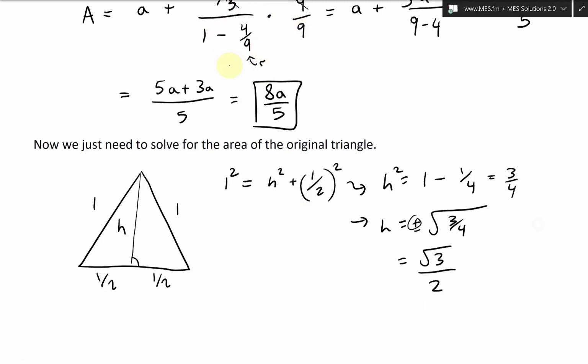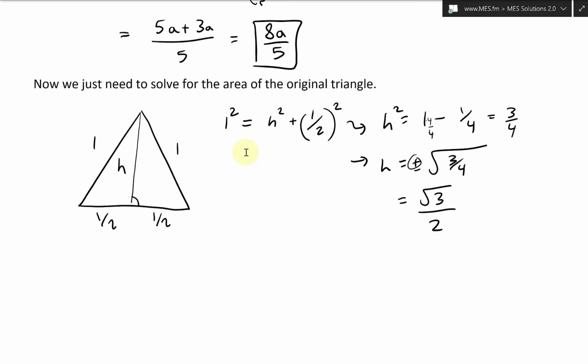And just for completeness, I always do this 4 over 4, same common denominator, and that becomes that. So that is our h. And now we put that in our area formula. So a, I'll put lowercase a because we're dealing with a, equals base times height divided by 2, which equals base is 1.